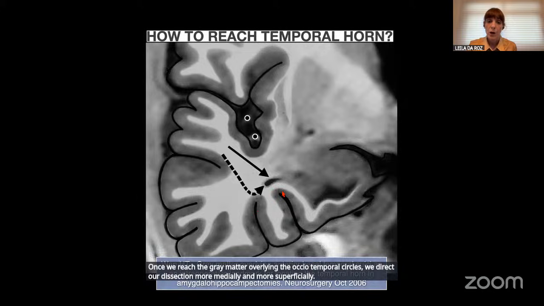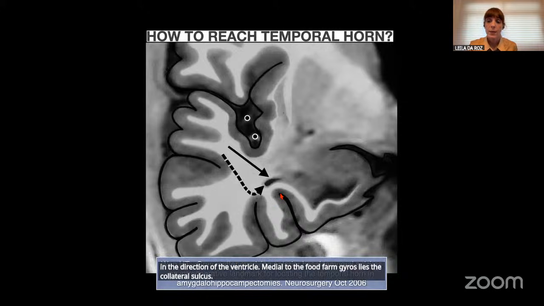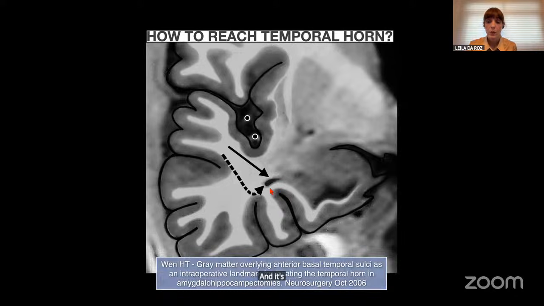We can find also the collateral sulcus, and then we redirect our dissection in the direction of the ventricle. Medial to the fusiform gyrus lies the collateral sulcus, and it's a complete sulcus. It bulges into the temporal horn, forming the collateral eminence. That is another way to reach the ventricle.